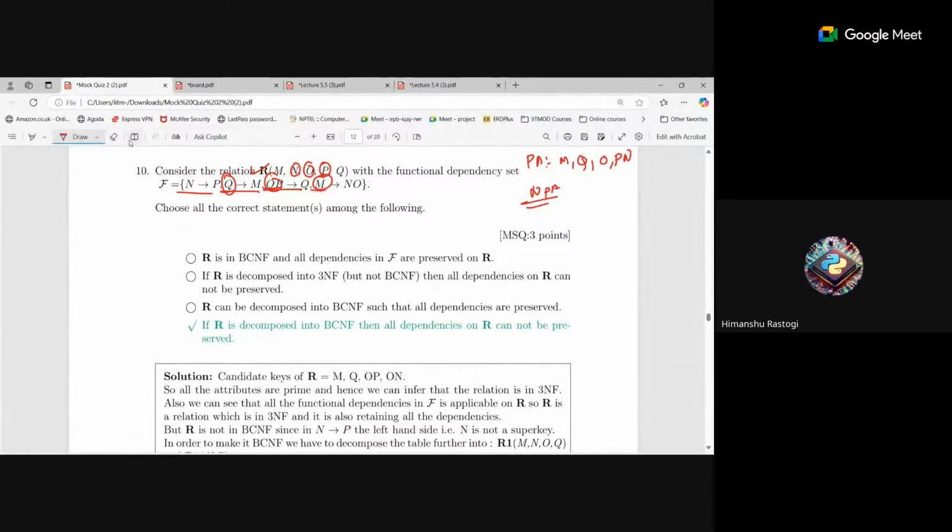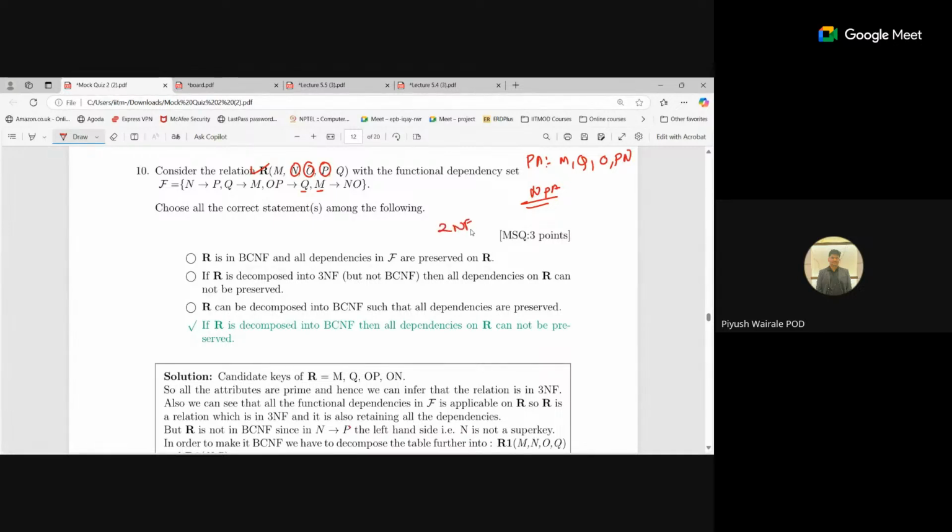But if we have a key, we can also say that that is also a collection of prime attributes. So when we say prime attribute, the entire key is also a collection of prime attributes, right? But here we are checking whether left hand side is a key or not, right? That's it. Here it is a prime attribute, but it is not a key, right? So for 2NF, which FD is getting violated here?